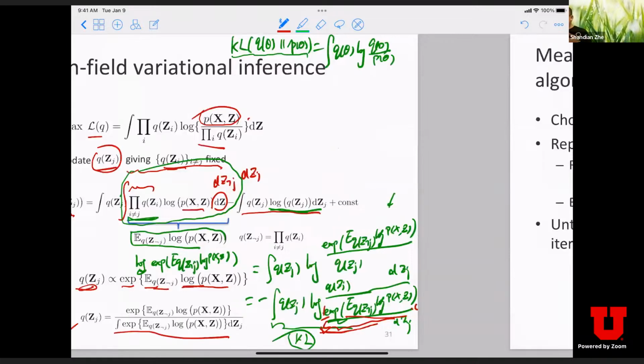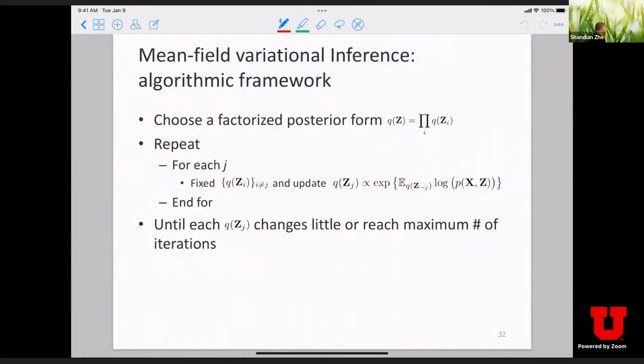Okay. So here's the algorithm framework for mean field variational inference. First, we choose a factorized posterior form as our approximation family, Q(Z) equal to a product of Q(Z_i)'s where the subsets are not overlapping. Then we repeat the following procedure. In each iteration, we go through every sub-variable Z_j, fix all the other sub-variables, and only update Q(Z_j) using this mean field updating rule.